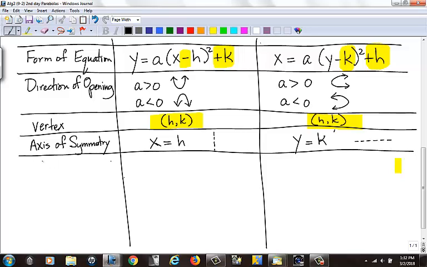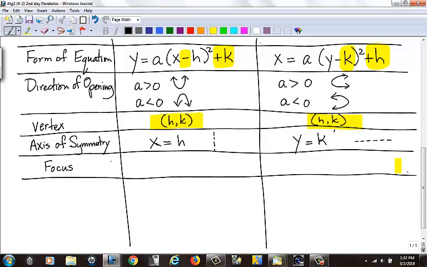Okay, then the next thing the author goes through is the focus point to find the equation, and it's basically you have to sub in. You have to figure out what the h is up above, and if the focus is an ordered pair, the x value is h. The y value is k plus 1 over 4a.